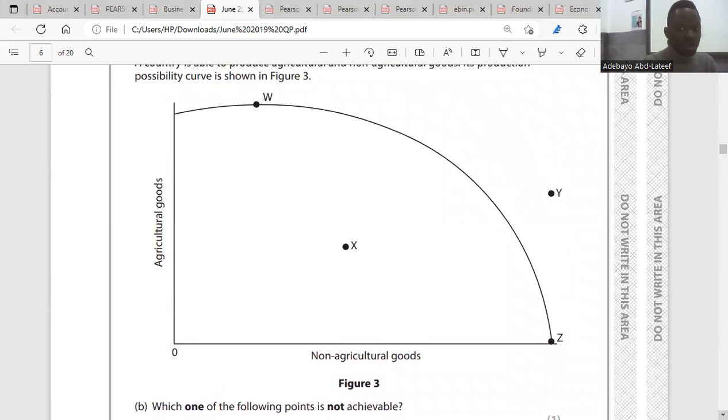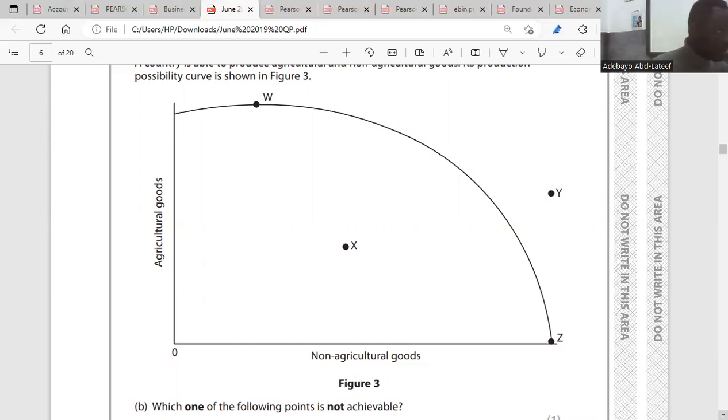We have point W, point X, point Z, and point Y. At point W, it means more of agricultural goods are produced. It's still in between the PPC. So it only means that the economy is producing more of agricultural goods and less of non-agricultural goods. Please take note of this analysis.